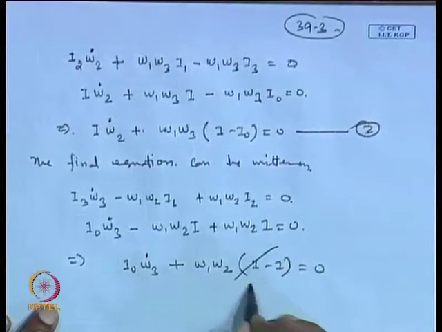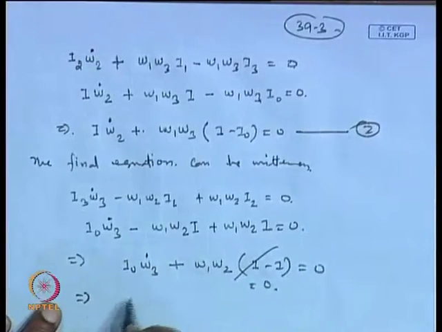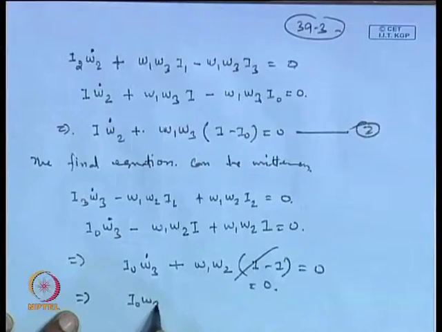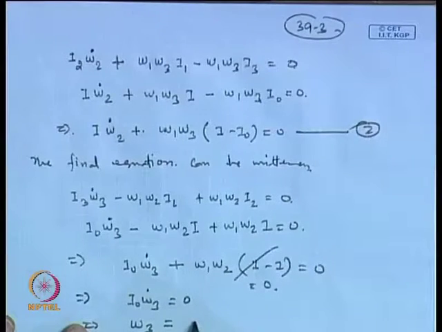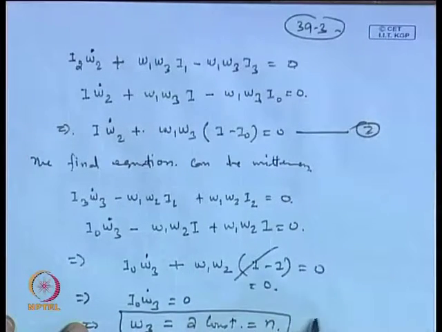So, this term becomes equal to 0. So, what we get from this is I 0 times omega 3 dot equal to 0, and this implies omega 3 is equal to a constant, and let us say this constant we denote by n. So, this is my equation number 3.